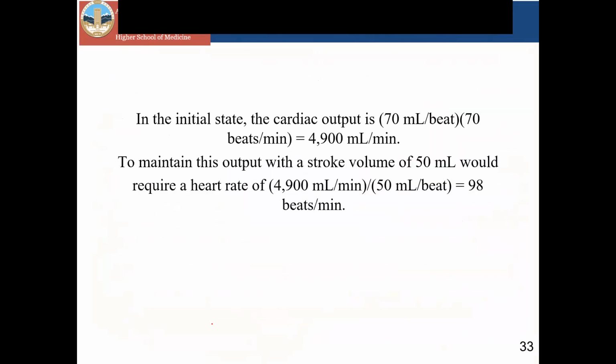Here you see, in the initial state, the formula is cardiac output equals heartbeat multiplied by stroke volume. Stroke volume is 70 milliliters, and 70 beats per minute is your heart rate.